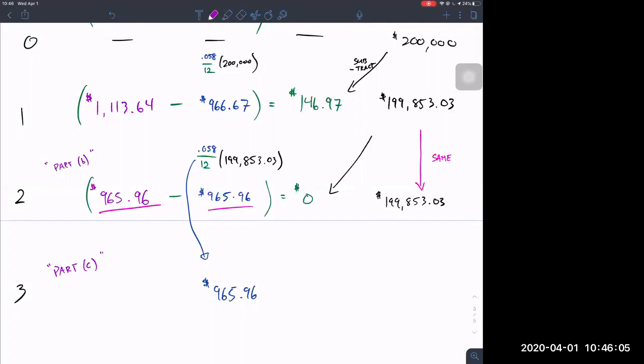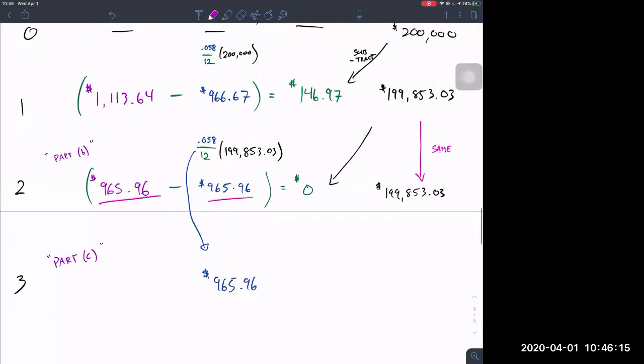So second part now, when it's asking what happens when you make a payment that is valid, but less than the interest amount. So I'm going to say here, suppose we paid $900.